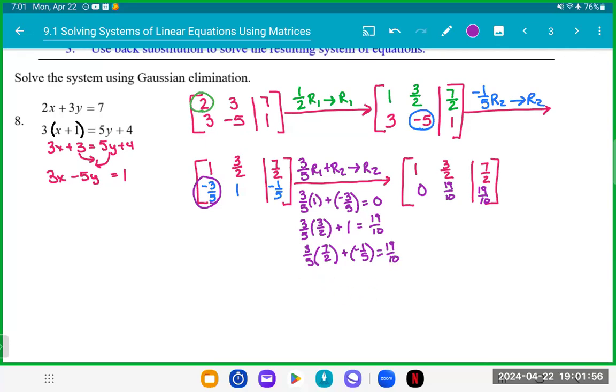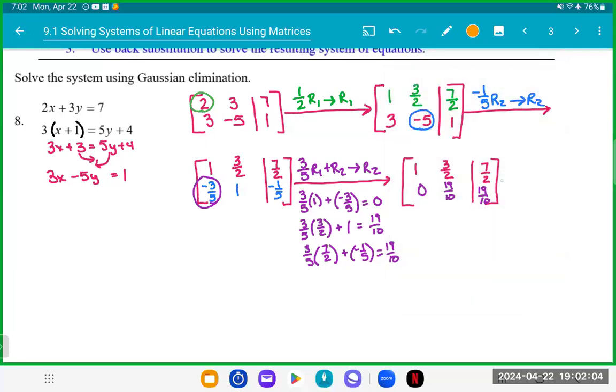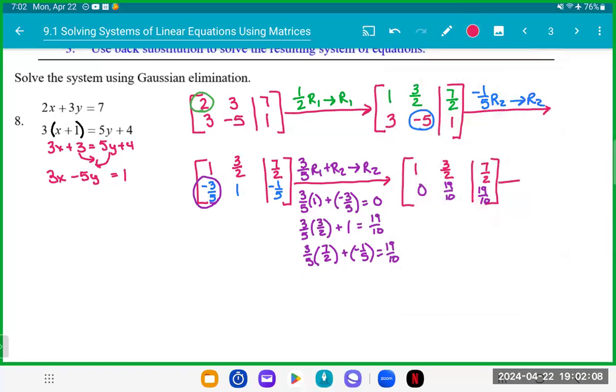So now we have to do one more step. We're still keeping row 1 the same.